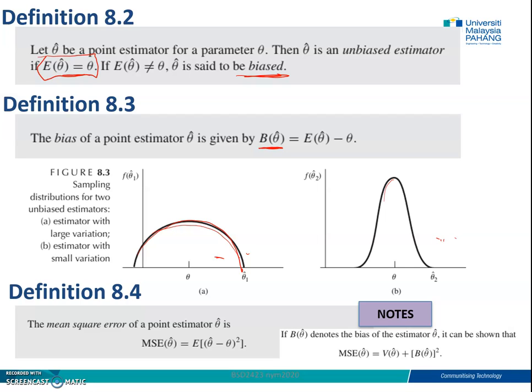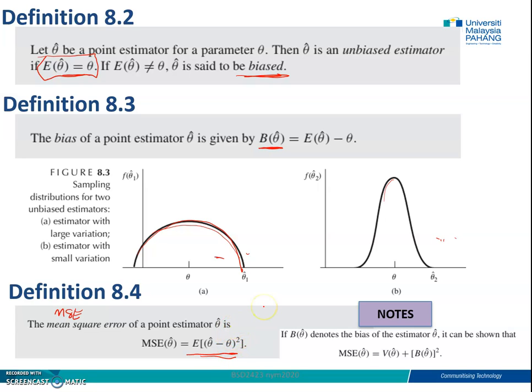So now definition 8.4, the mean square error, sometimes we call it MSE. The MSE, the mean square error of a point estimator theta head, can be calculated as this one. MSE theta head equals expected theta head minus theta, squared. So the definition is very important.